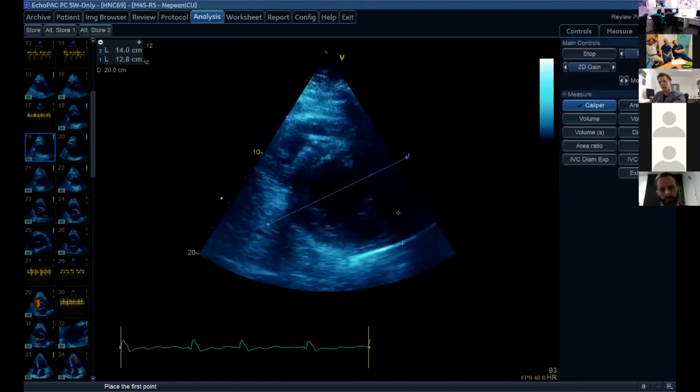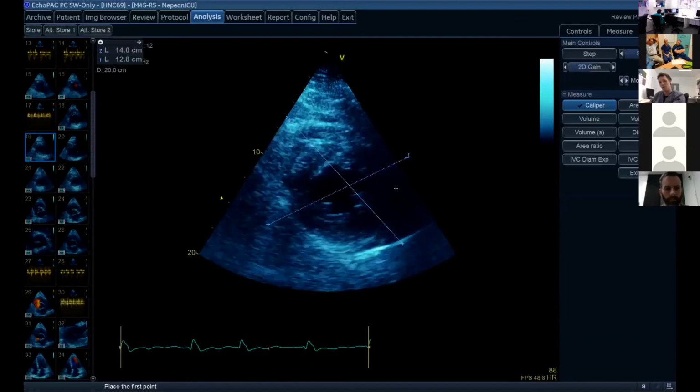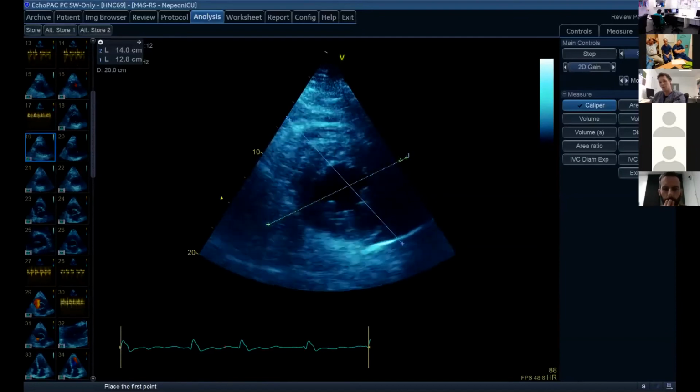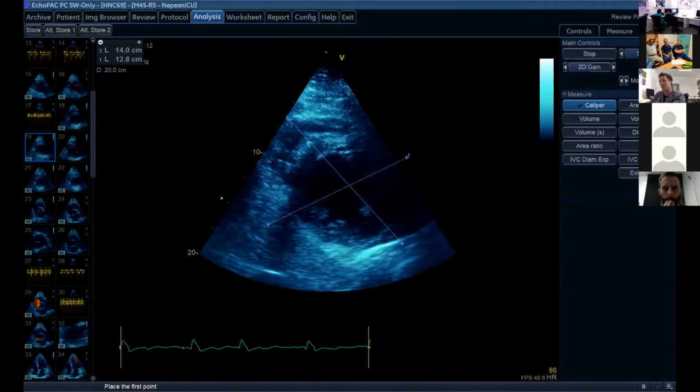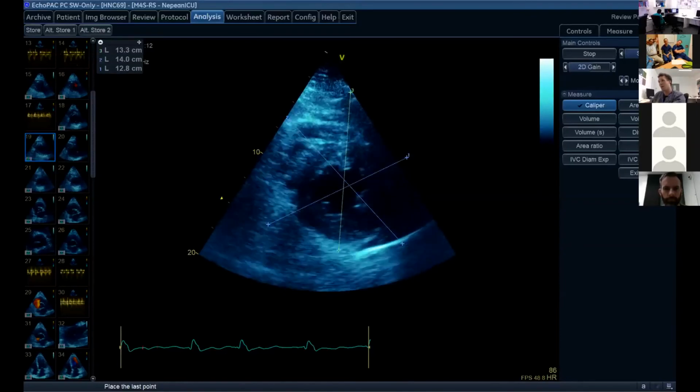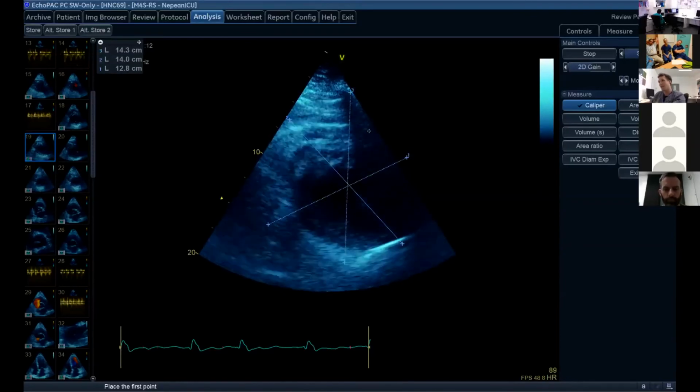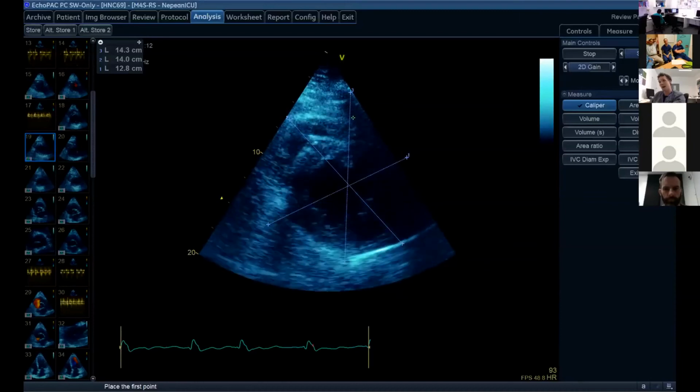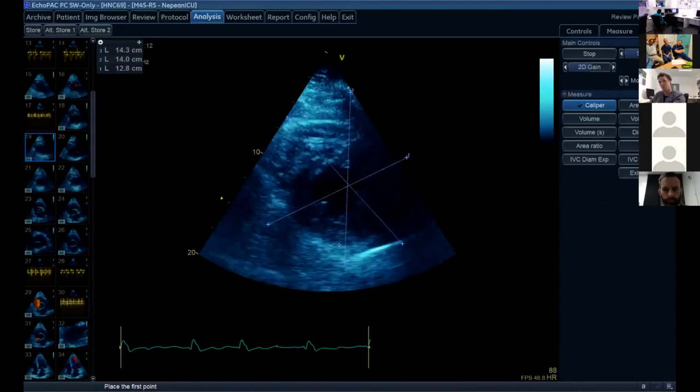When I'm doing my apical views, if I go from my four-chamber to my two-chamber by 60 degrees, and another 60 degrees round, I would get the view going through my anteroseptal and inferolateral walls.